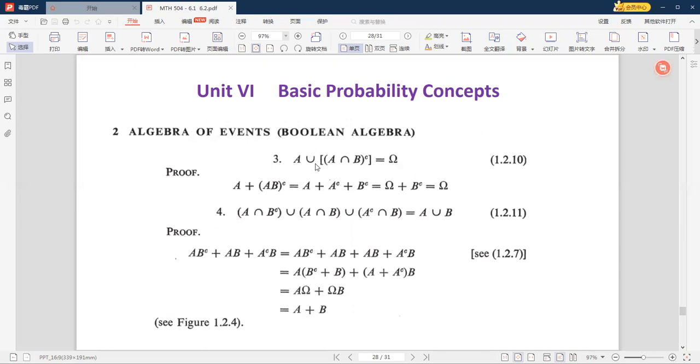Just change union to addition and intersecting to product. Remember, I think we showed that before: if you take the complement of an intersection of two sets, you get the union of the complement of each set.